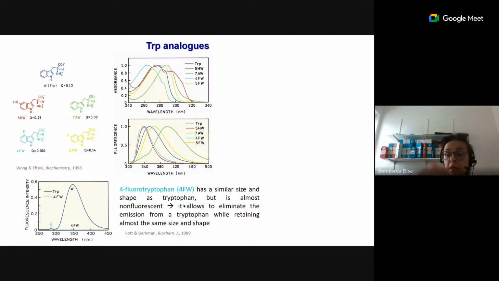You can substitute all tryptophans but one with this analog, and you eliminate the emission of all the other tryptophans, and retain the one, without changing much in the protein due to the high similarity between the natural and the synthesized tryptophan. So that is how to find a benefit also from problematic properties.